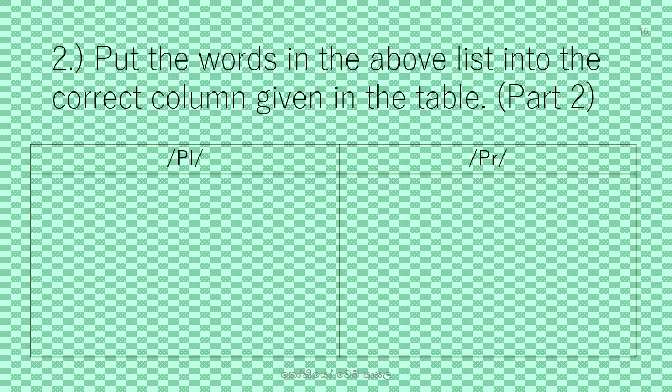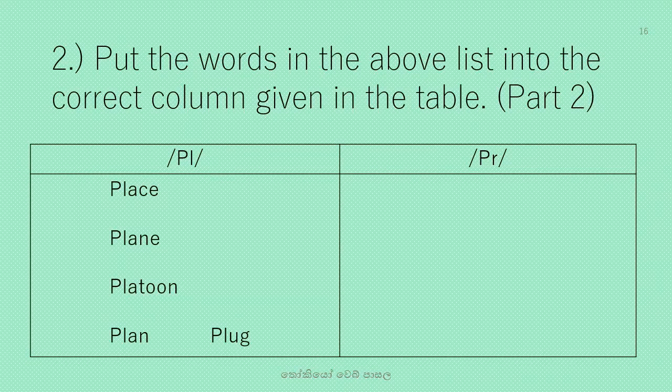Okay, so I hope the time given is enough for you to find the answers. So I will just show the answers. So what you get for the first column, right? You get place, plane, platoon, plan, plug.